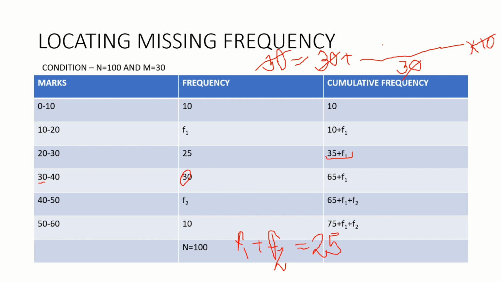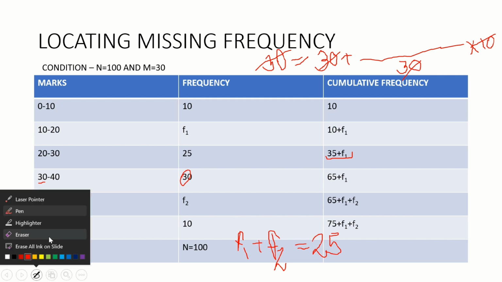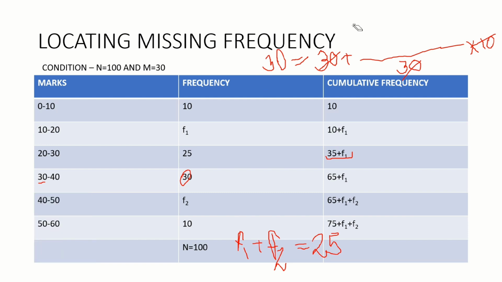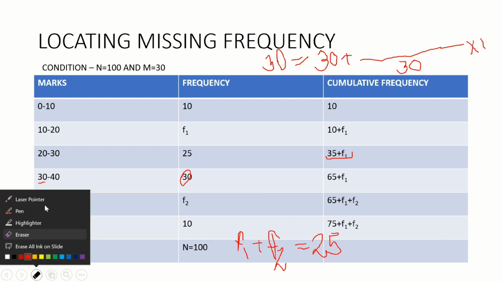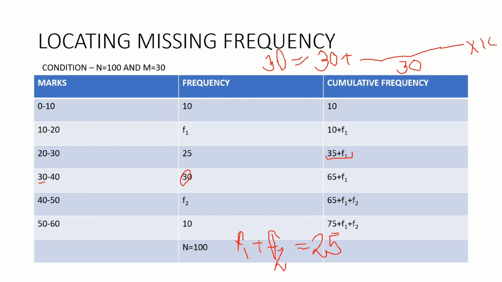Wait, how did that happen? Okay, let's rewind a little bit. We just cut them off without any explanation, but now let me explain step by step what I did. Don't forget to write this in your own textbook or notebook.